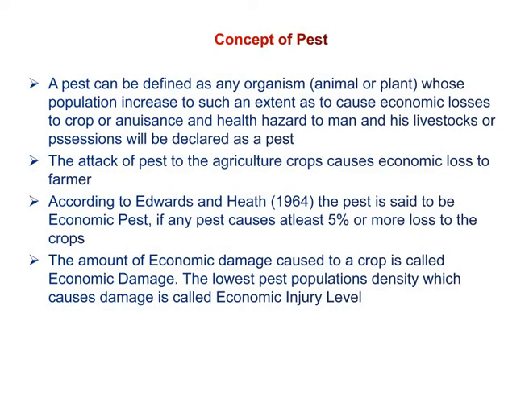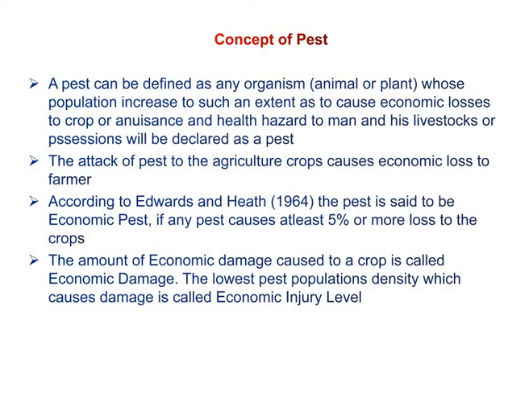The attack of pests on agricultural crops causes economic loss to the farmer. According to Adkisson and Heath, in 1964, a pest is said to be an economic pest if it causes at least 5% or more loss to the crops.